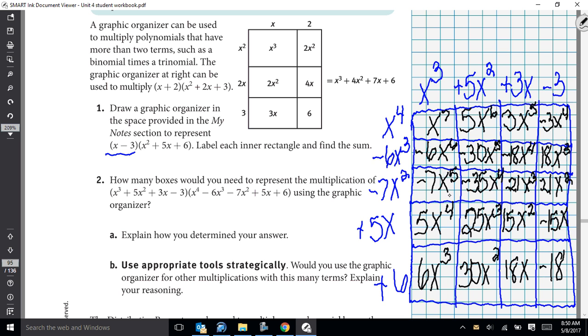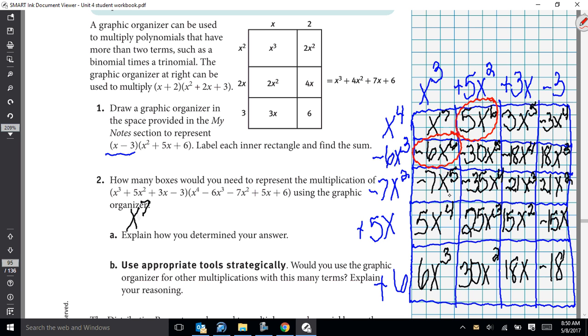Alright, so let's go through, and we have x to the 7th here. Do we have any other x to the 7th? No. I have x to the 6th here and here.